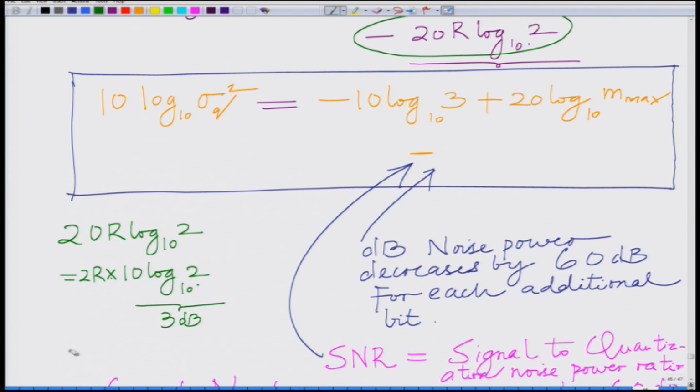So, this is equal to 6 times r. So, we have here a factor minus 6 times r.